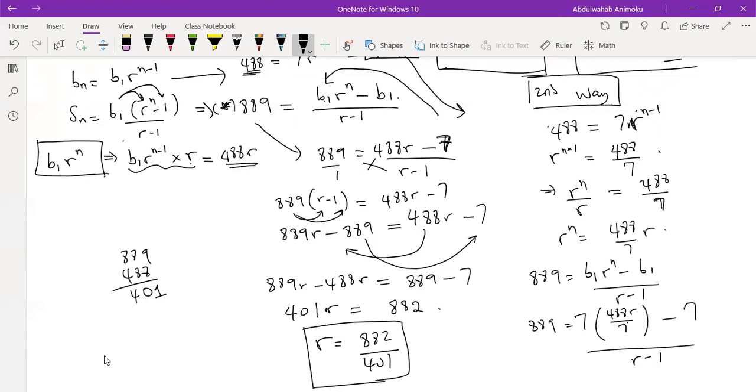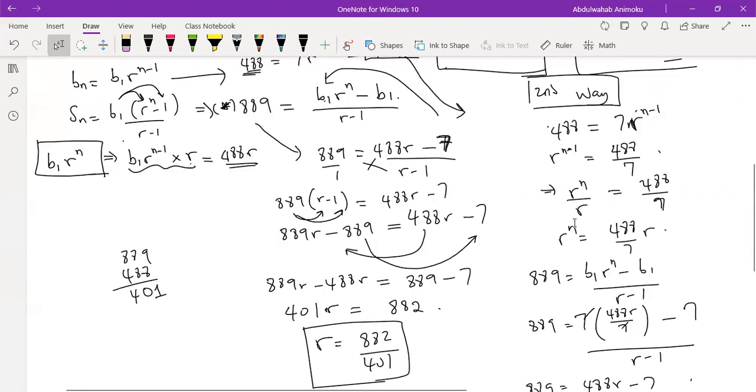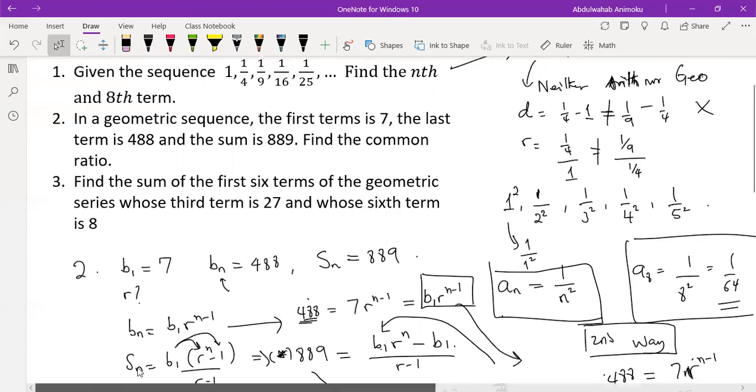So 7 would cancel 7 when you multiply through, and you're back to where we were, which is 488r minus 7 over r minus 1. So this is what you can do. Another way, not really a trick, another natural way to look at the problem that will help you complete this particular question. Okay, so that is that.